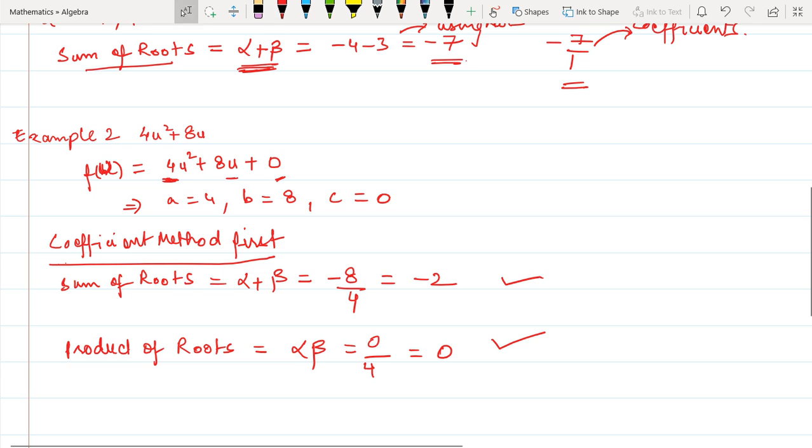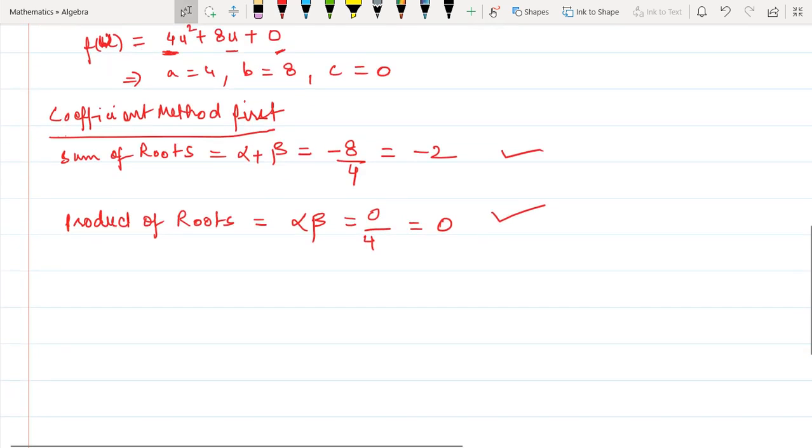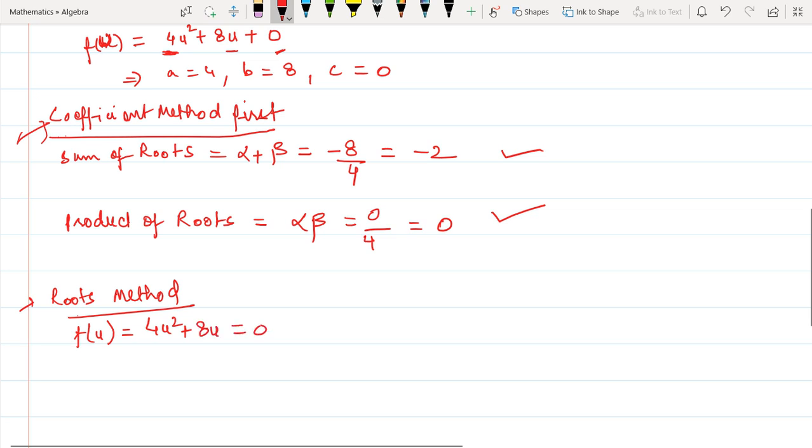Now let's verify this by actually solving the equation. We did the coefficient method first, now let's do the roots method. So f of u is equal to 4u squared plus 8u is equal to 0.